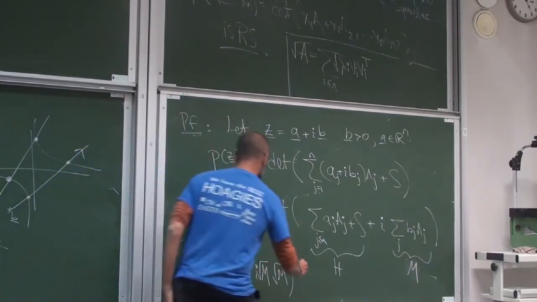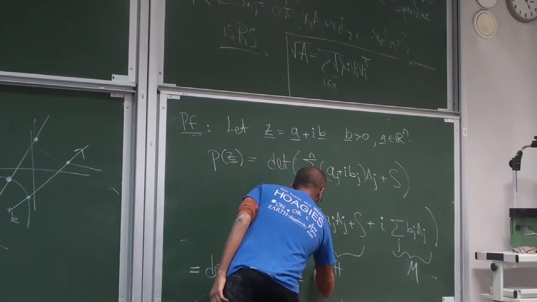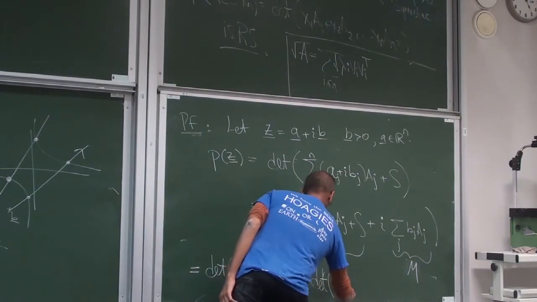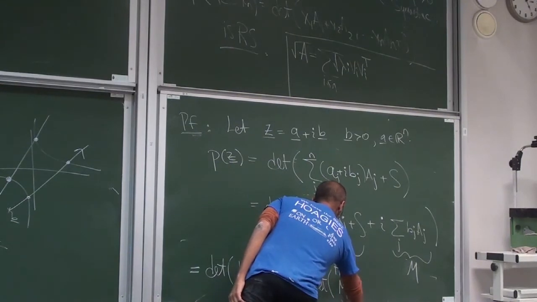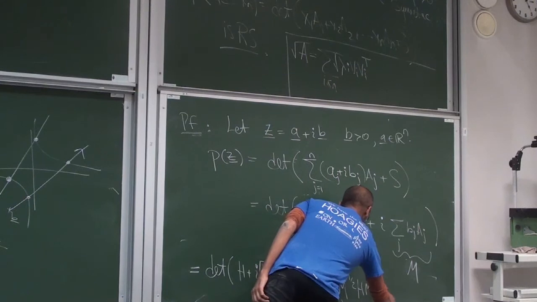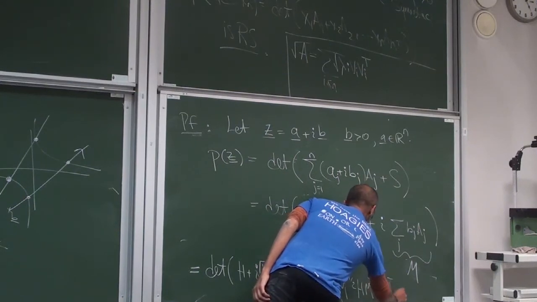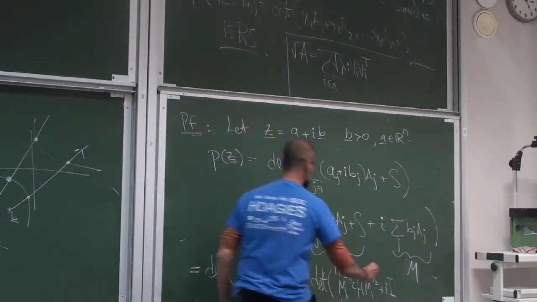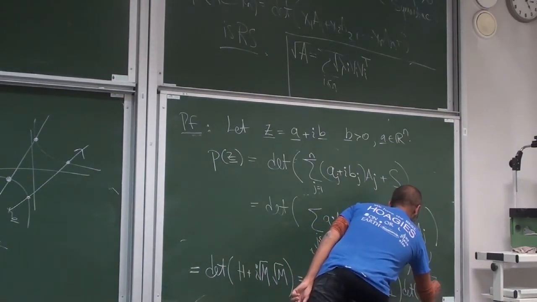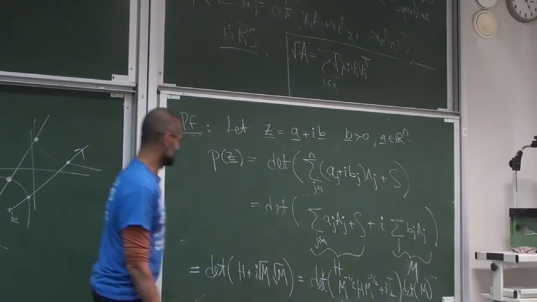It's invertible. This is the determinant of M to the minus half H M to the minus half plus i times identity, times the determinant of M.